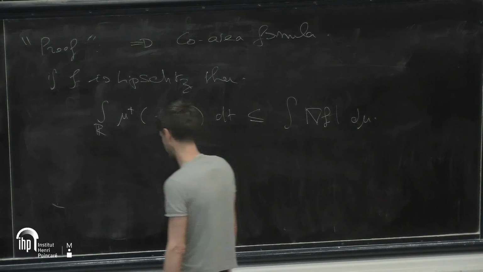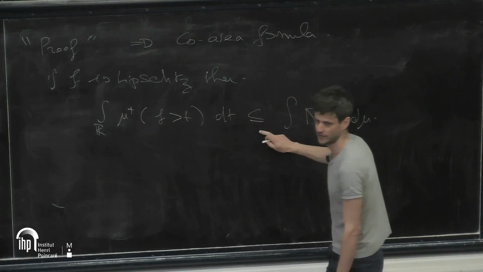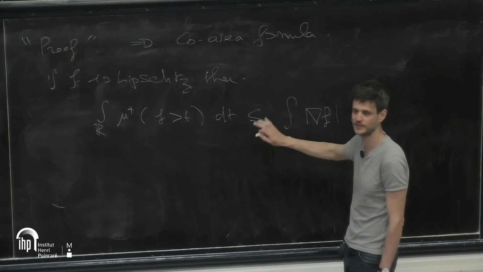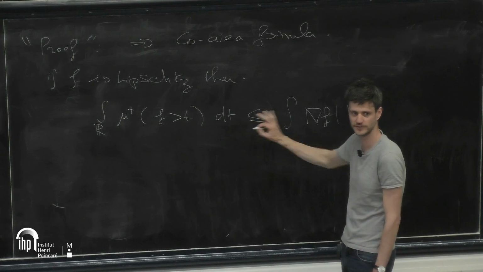Okay, so co-area formula. Usually, under some mild hypothesis, this is actually an equality. But here I only need the inequality, and the inequality is somewhat easier to prove. You have a soft proof of this.